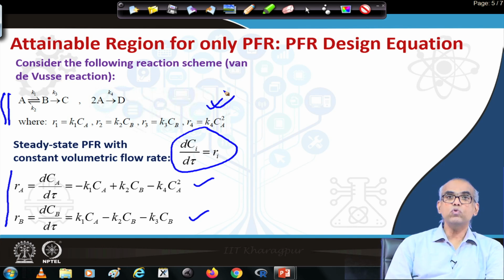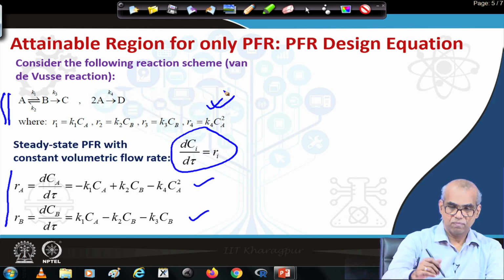Now, if you look at these two equations, dCA/dτ and dCB/dτ, the concentrations of species C and D do not appear. So, it is possible for me to represent these systems in 2 dimensions, that is on the concentration space CA versus CB.